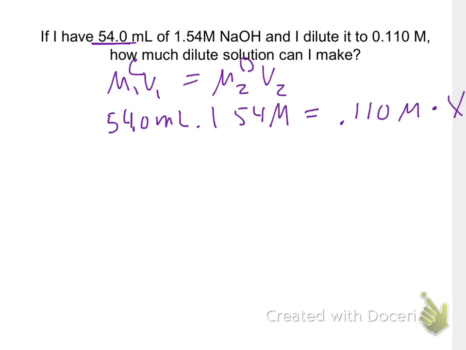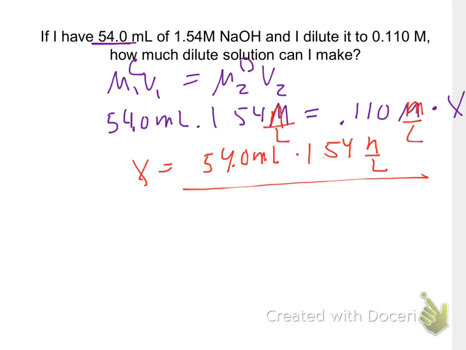If I were to make this moles over liters and this moles over liters, when I'm solving for X, what I'm going to have is 54.0 milliliters times 1.54 moles over liters over this, which is 0.110 moles over liters.